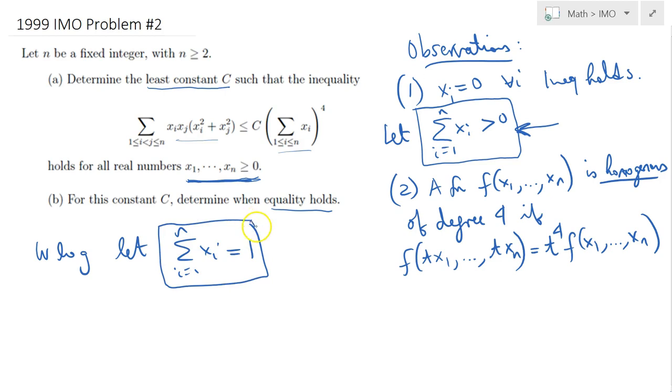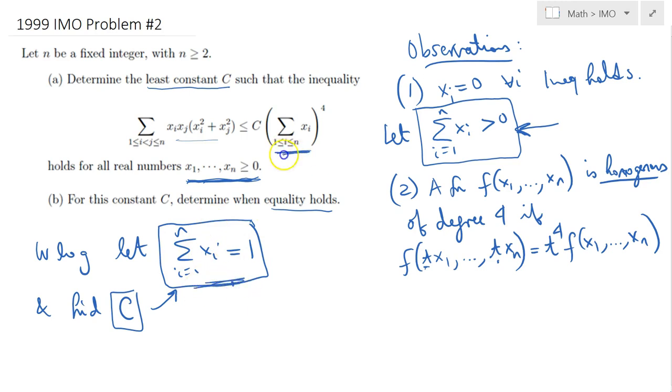And if I can find the c for this case, then that c will also hold for all the other non-negative real numbers xi as well, by simply scaling by a factor t, right? It makes sense. So therefore, for the rest of the problem, we will make this assumption.